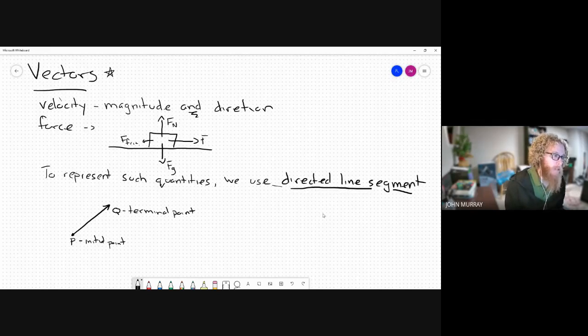All right. We name this, and again, this is from geometry, PQ with a one-way arrow over it. You can draw the arrow like that, but I just draw it with just the top part.